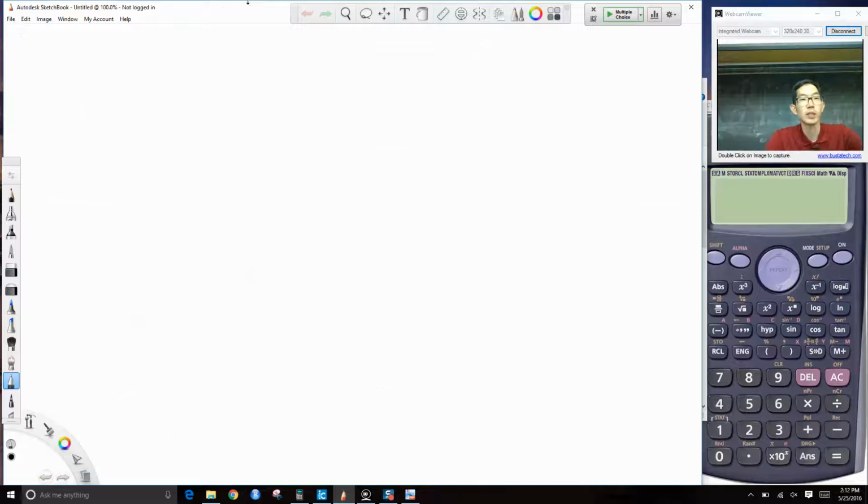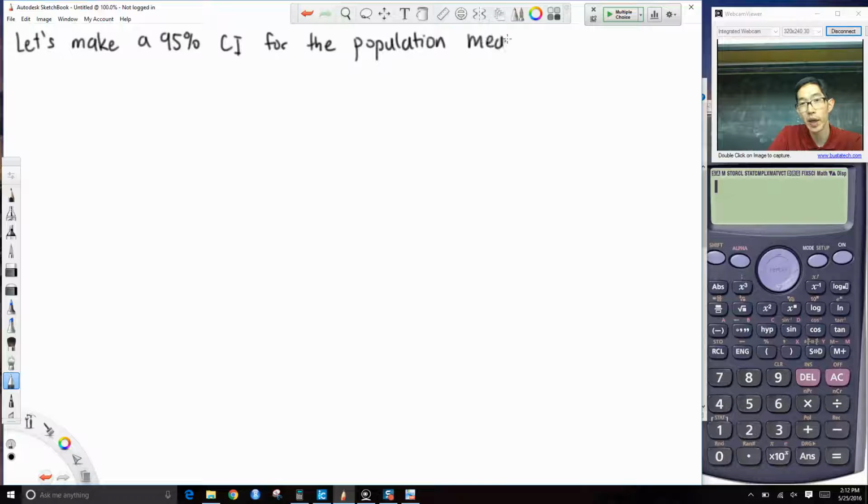So let's try an example here. Let's make a 95% confidence interval for the population mean weight of, we'll stick with our dairy cows, Jersey dairy cows.